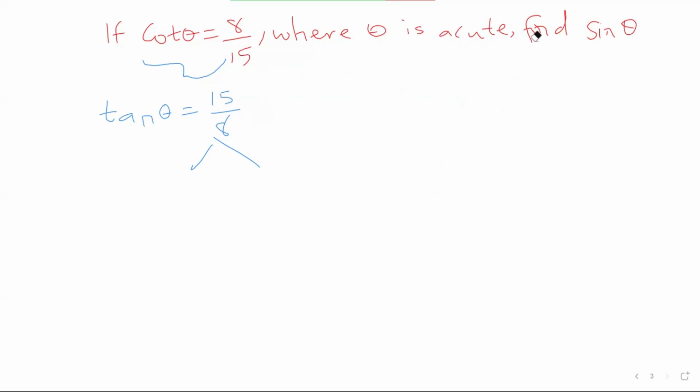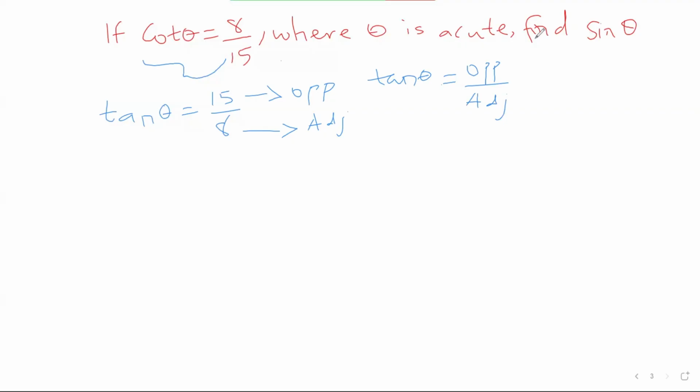To continue, we already know that our tan theta is 15 over 8, where 15 is our opposite and 8 is our adjacent, as tan theta is the same thing as opposite over adjacent.